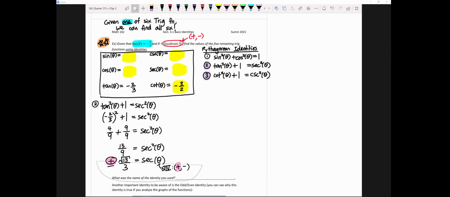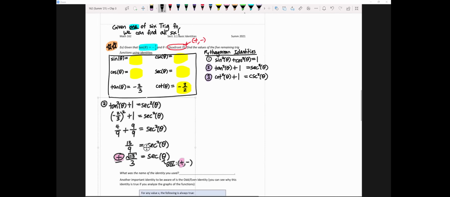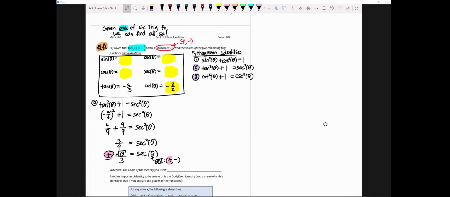Okay. Let's start with Stephanie. So Stephanie, we've knocked down 3 dominoes, or we are given 1 and we knocked down 2 dominoes. Now that we know secant, what's the next trig function that we can get easily?